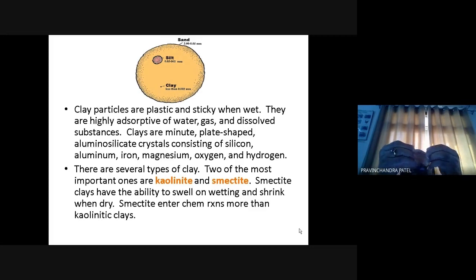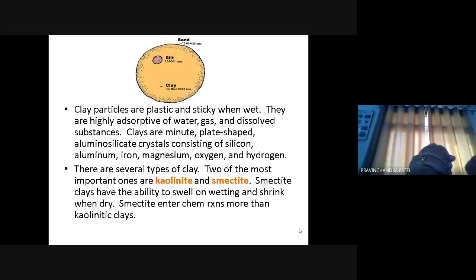So when you apply water to black soil, it will swell, and when it is dry, there is shrinkage. You will find cracks when this black soil is dry.